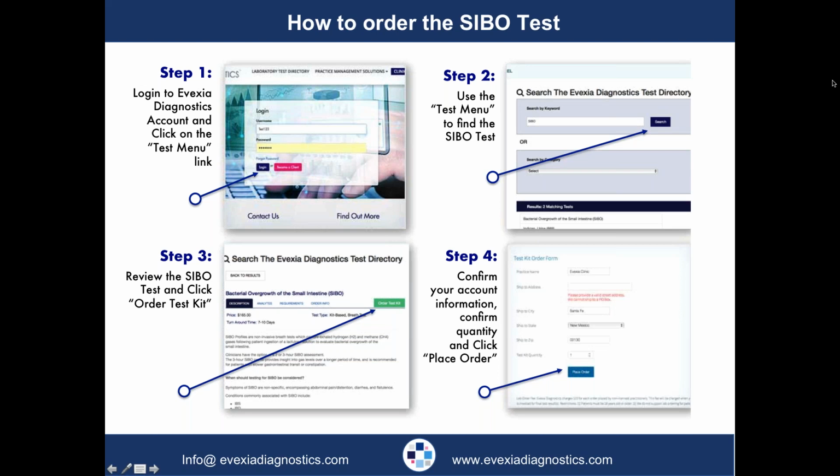We'll take care of it on our end, and as you folks probably know, you aren't charged for the SIBO test until it's actually sent back to the lab. So it makes sense to maybe have some of these in stock so that you can be ready when someone comes in.